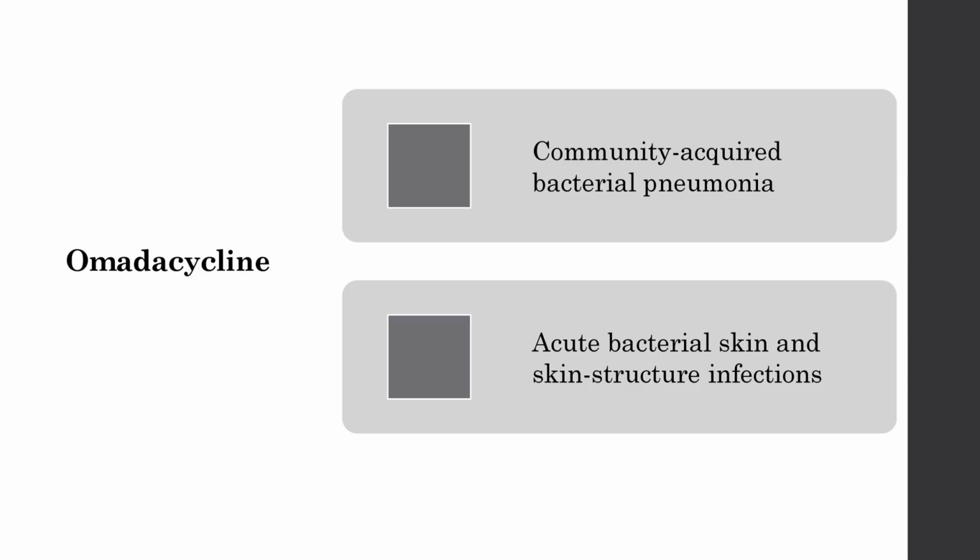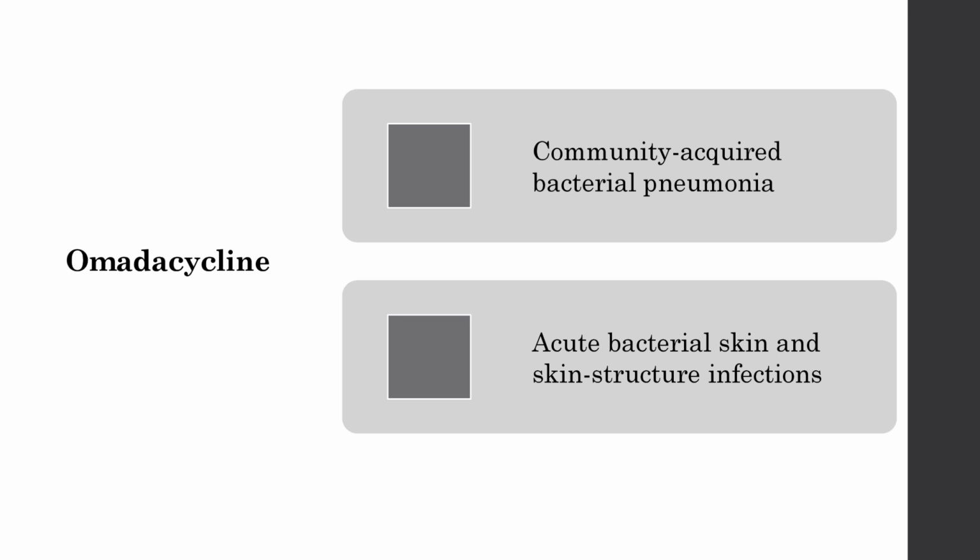Omadacycline belongs to the aminomethylcycline class. Although approved for community-acquired bacterial pneumonia and acute bacterial skin and skin structure infections, it also has reliable in vitro activity against many anaerobic bacteria.